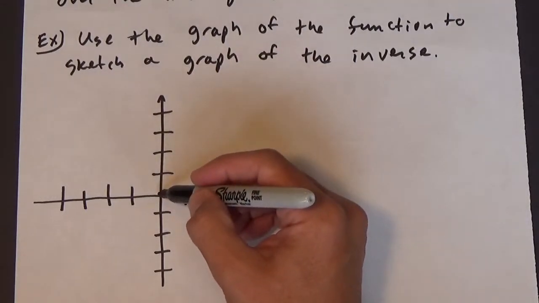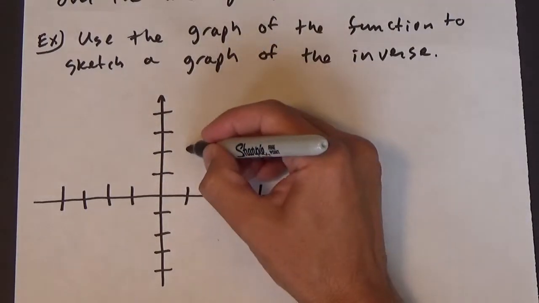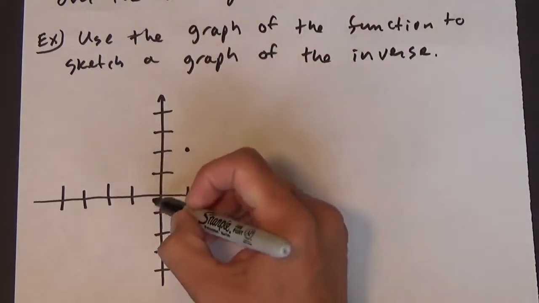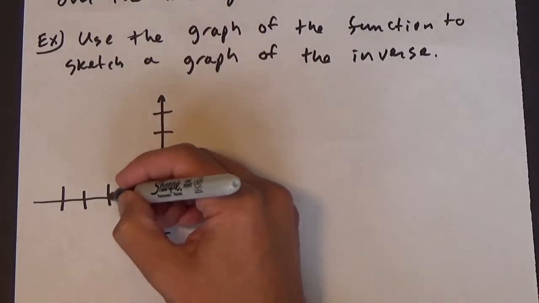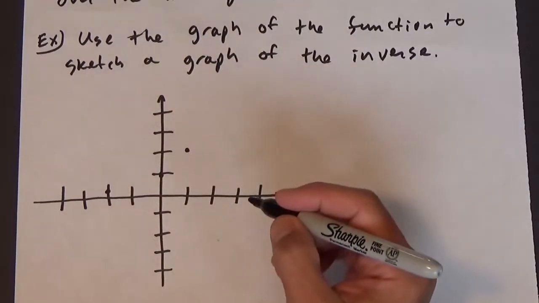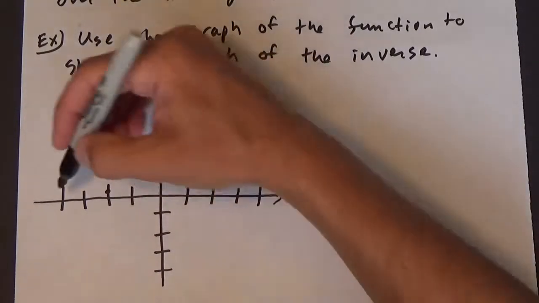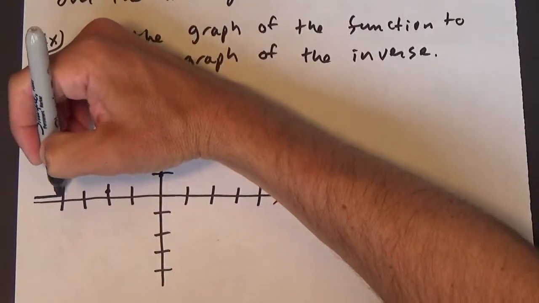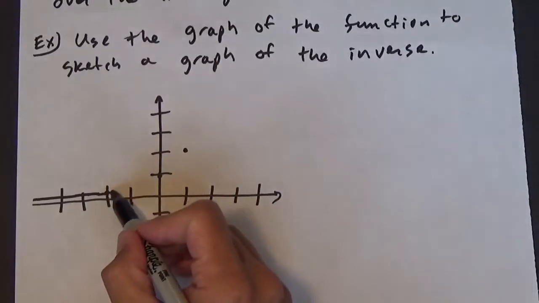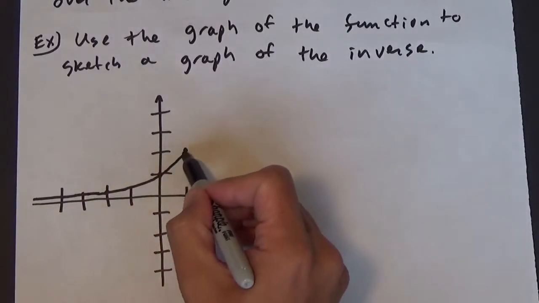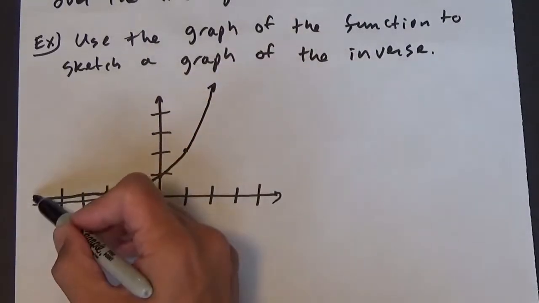So we have 1, 2; 0, 1; -2, 1/2. And it's going to look something like that.